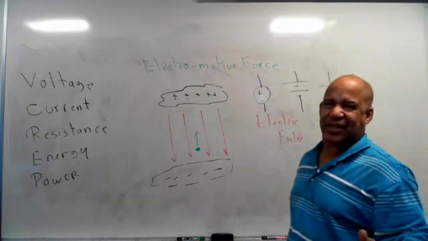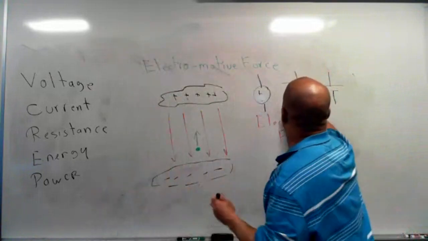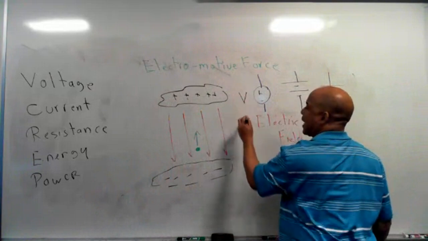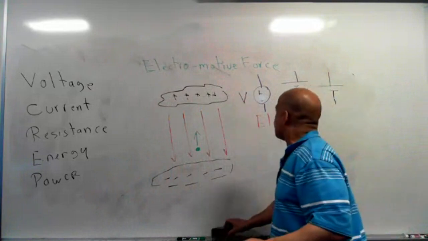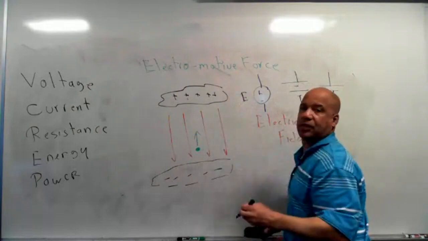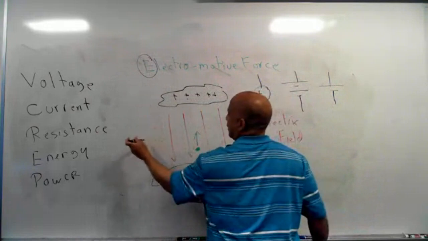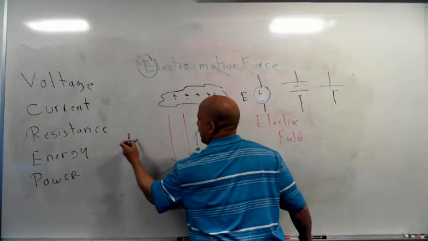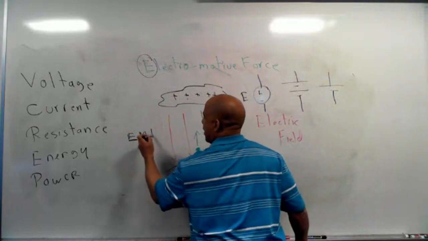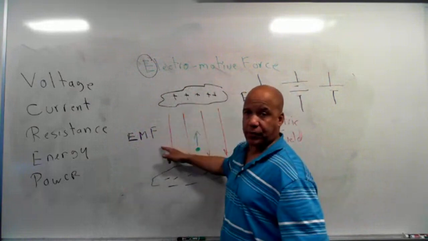I'm not sure if I mentioned this to your class, but you can put a capital V for volts, but you can also put a capital E there. The E comes from EMF, and that's the way we abbreviate electromotive force.